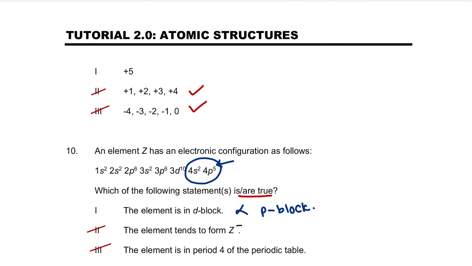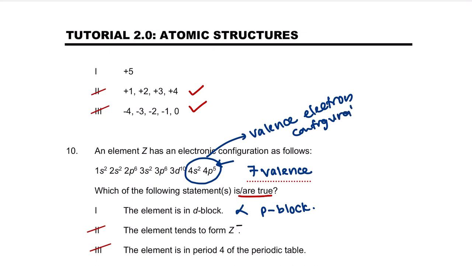And next, as you can see, what ion does it form? It has got 7 valence electrons, because as I told you, the configuration with the highest principal quantum number would be our valence electron configuration.